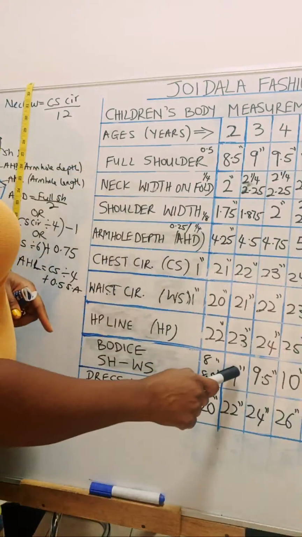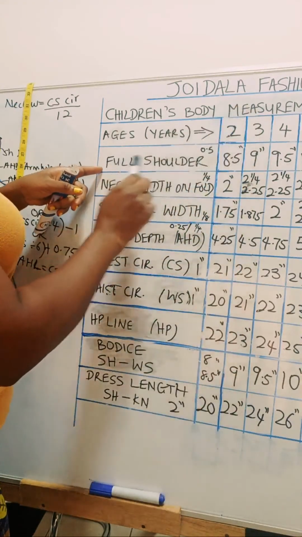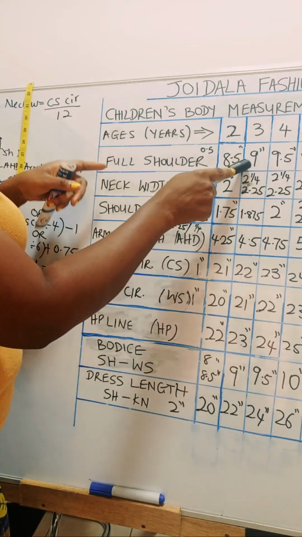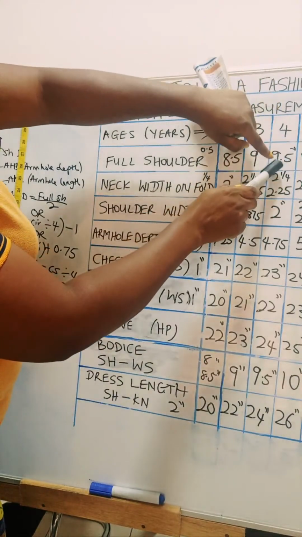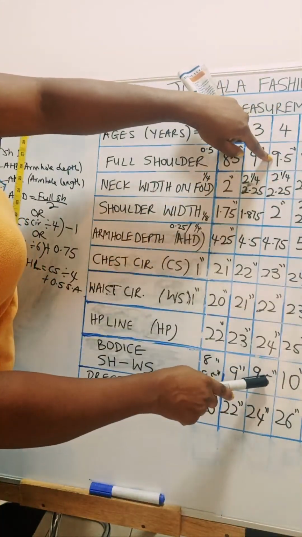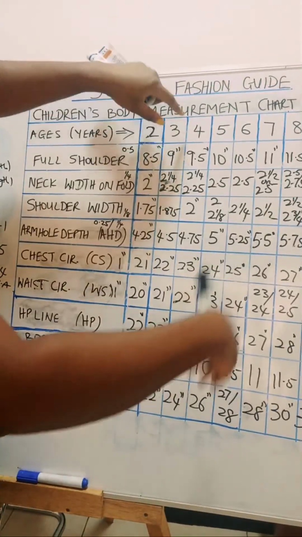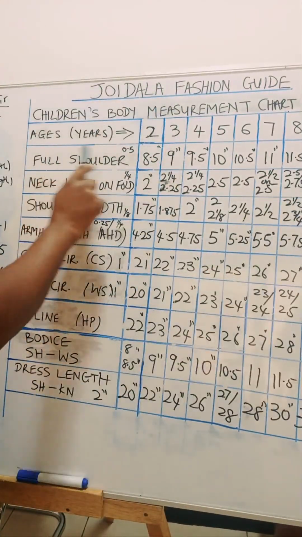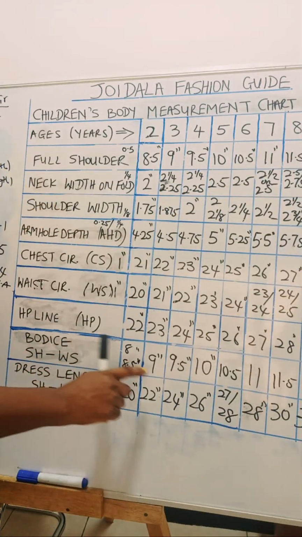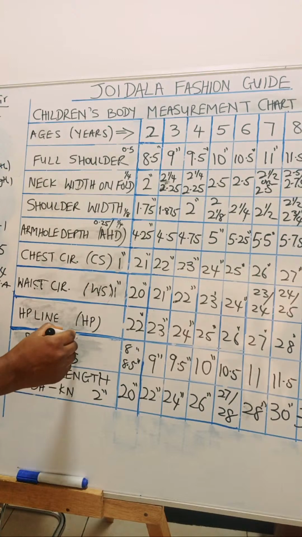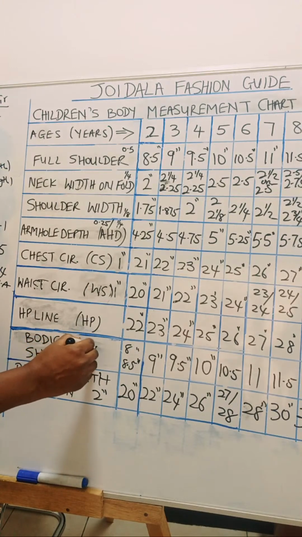Okay, a 3 years old has a full shoulder of 9. The bodice will also be 9. 4 years has a full shoulder of 9.5. You also use the same thing as the bodice, which is 9.5. So the full shoulder of the child also serves as the bodice length.